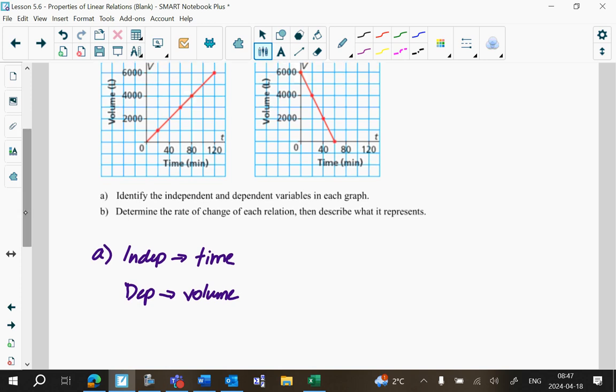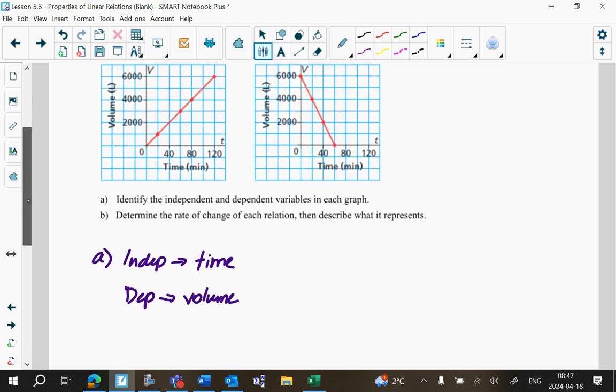Well, you've got lots of points in each one you can choose from. So if we look at the first graph, graph A, I'm going to pick this point here because that's a really easy point, 0, 0. And then pick any other point you want.